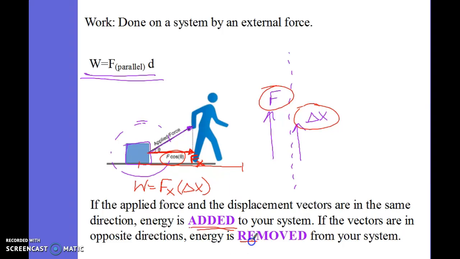However, if you look at an object and for some reason it is moving, let's say an object was moving to the left, so we have a negative displacement, but the force applied to that object was to the right, so maybe we have a string or something causing it to stop eventually. If that force is to the right, then energy is being removed from our system. That would be our component force there. So all you need to know now is work is your force times displacement.